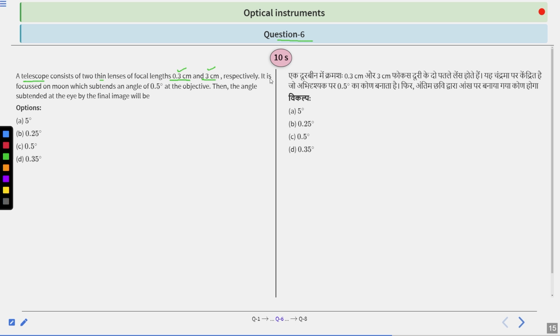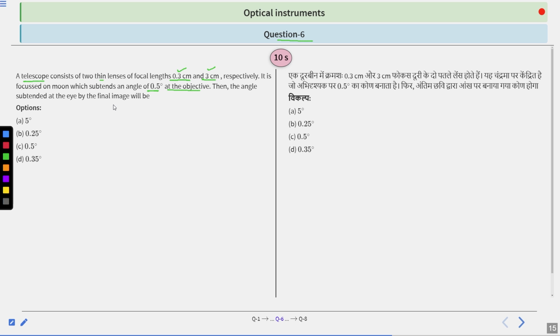Clear? It is focused on the moon, which subtends an angle of 0.5 degree at the objective. Then what will be the angle subtended at the eye by the final image?